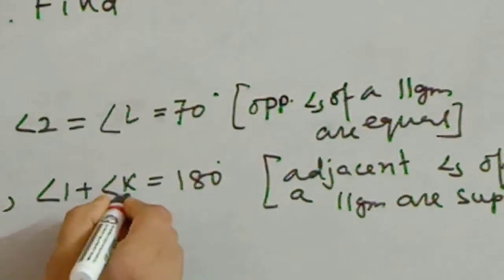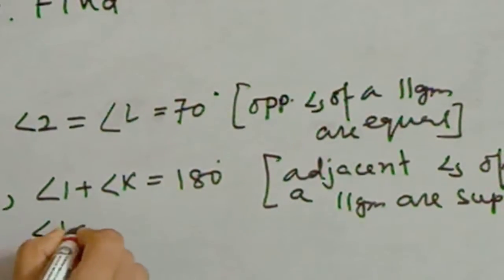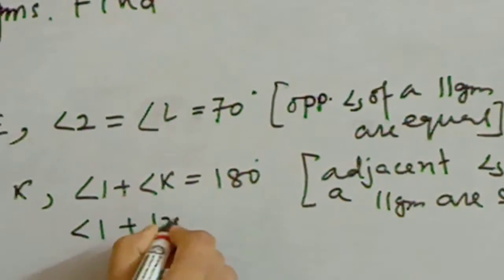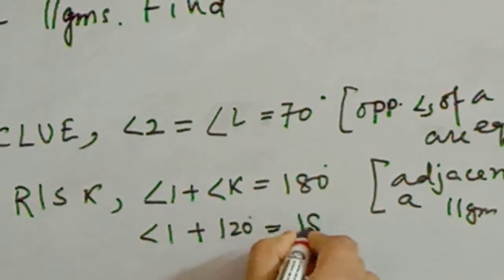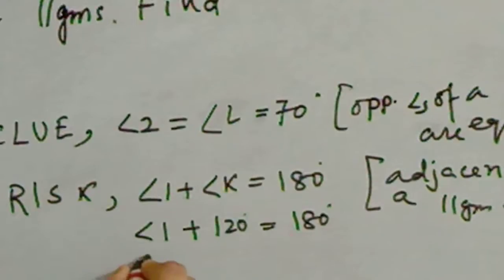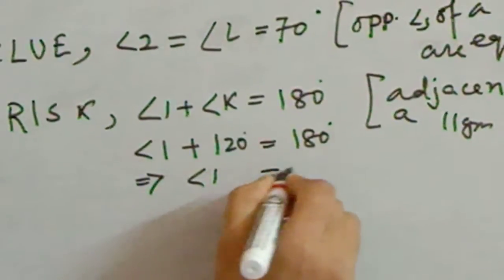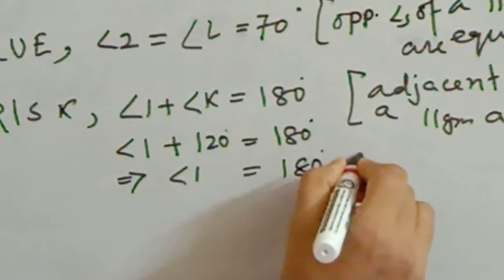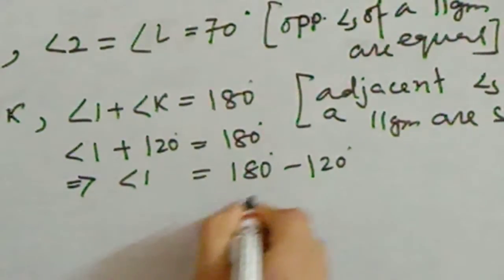And if you know the value of angle K, then angle 1 plus 120 degrees is equal to 180 degrees. Therefore, angle 1 is equal to 180 degrees minus 120 degrees, that is 60 degrees.